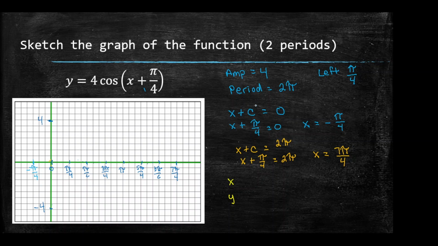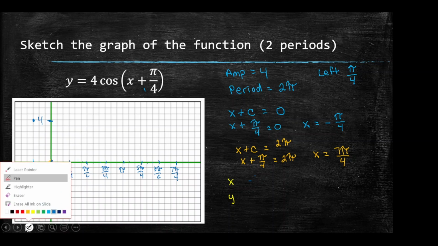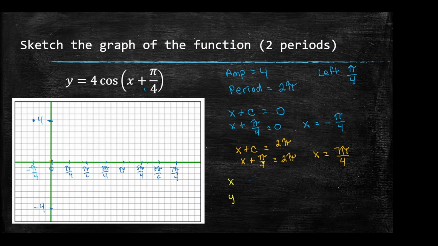So where do I start? My starting value is going to be right here when X is negative pi over 4. So X is negative pi over 4 plus pi over 4 equals 0.